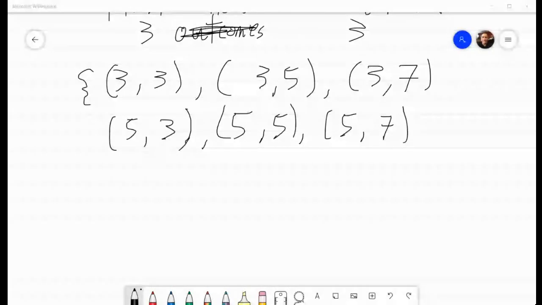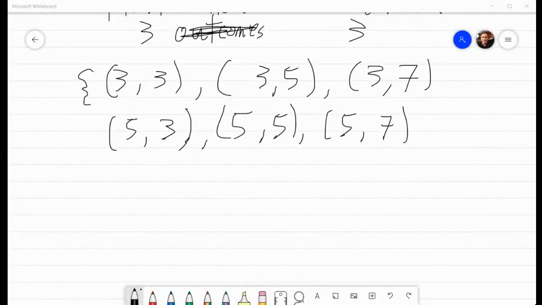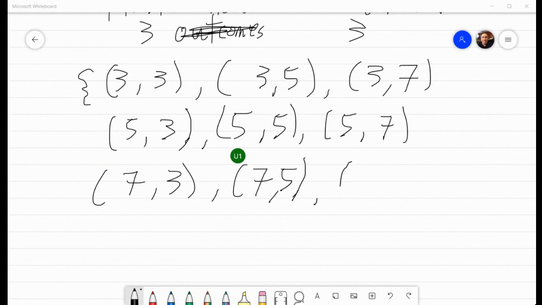For the next one, what if it gave us back 5? Now, what about 7? We have 7, 3, 7, 5, and 7, 7. Again, each output can be 3 or 5 or 7. We have 9 outcomes here, so we're done.